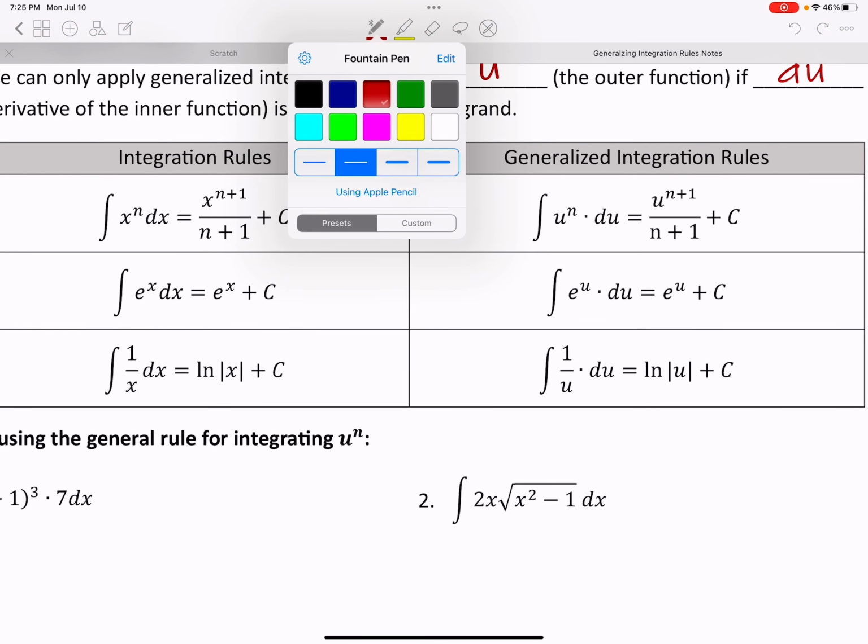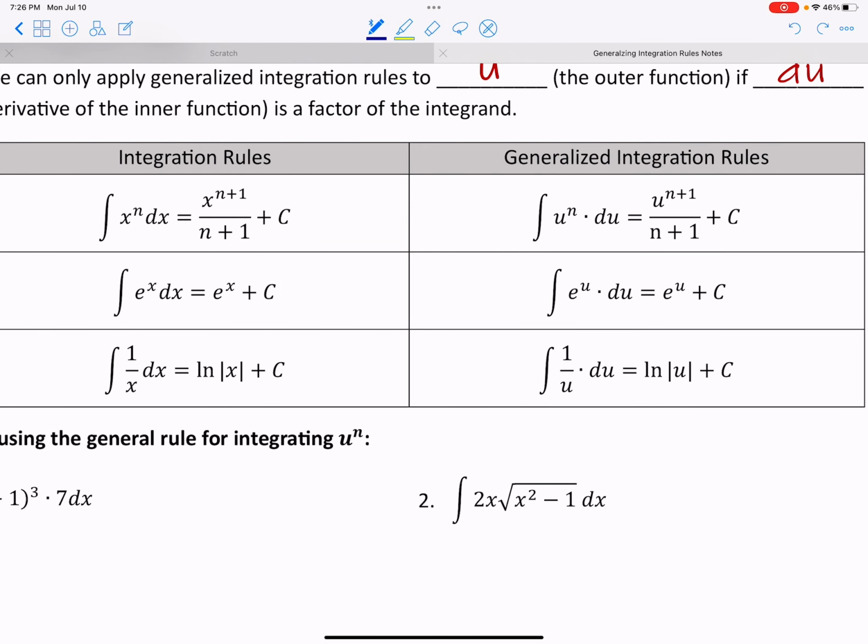We said power rule for integration, if I have x to the nth power, that I would undo my power rule for differentiation, add 1 to the exponent, and divide, add on the constant of integration, we're good. Well, if instead of x to the nth power I have u, something else, anything other than x, like x plus 1 or x squared or 5x minus 1 or whatever it is, I'm still going to use my same rule.